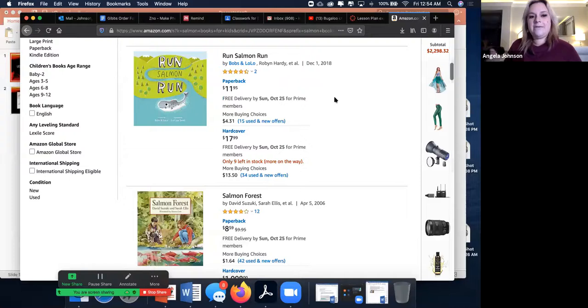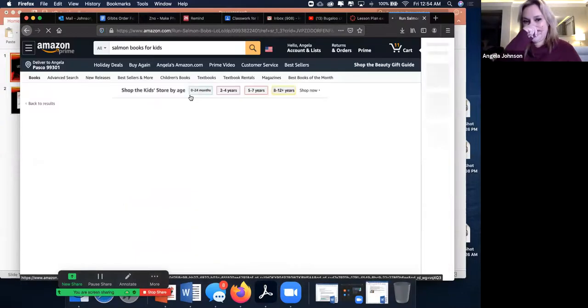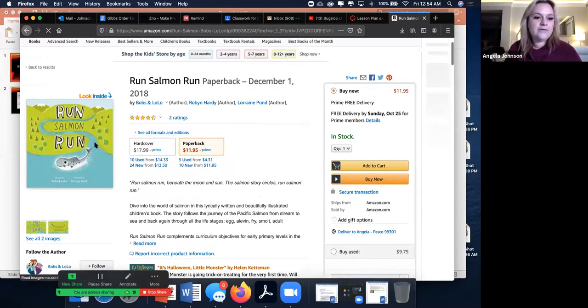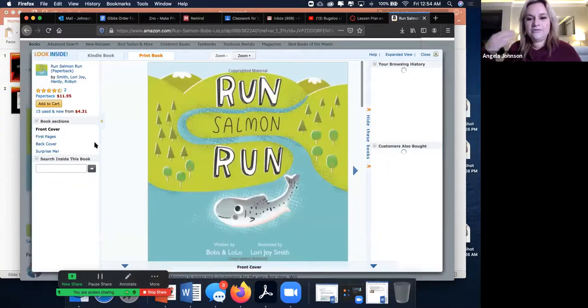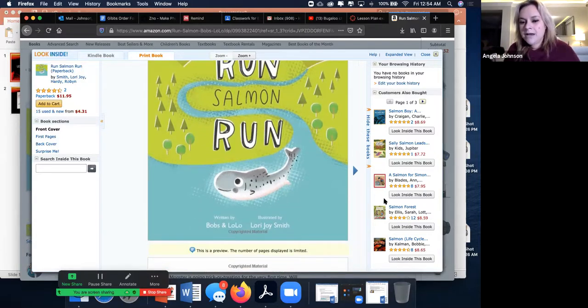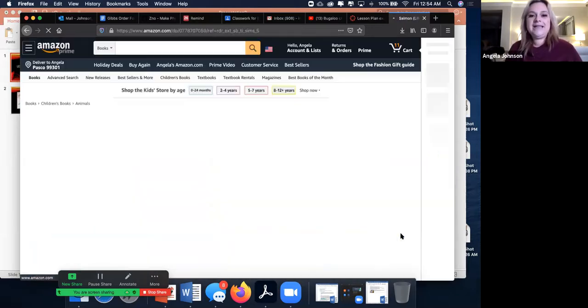books about salmon. I would find, for example, this book right here would be one I would have in my classroom about salmon going from the river all the way to the ocean, and back, because they do that once a year. That would be an example. Oh, this one I actually had in my classroom.